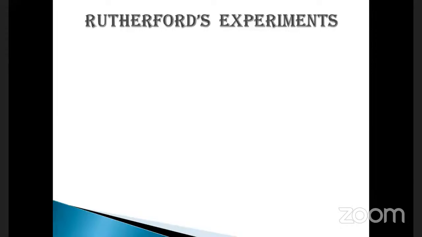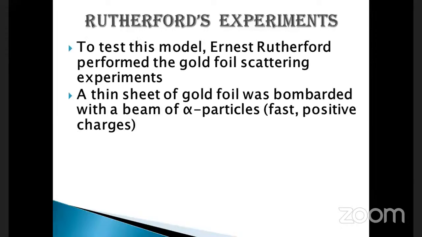To test this model, Ernest Rutherford performed what he called the gold foil scattering experiment. In this experiment, Rutherford put a thin shield of gold foil in between a beam of alpha particles and a recording plate. So he bombarded the gold foil with alpha particles.